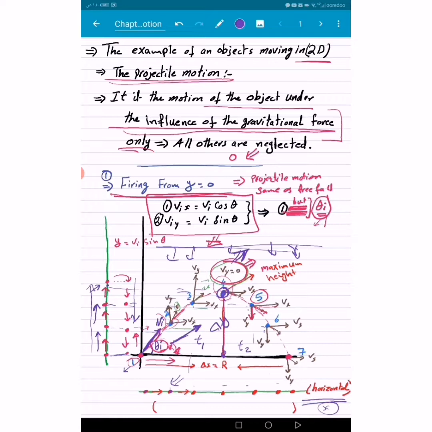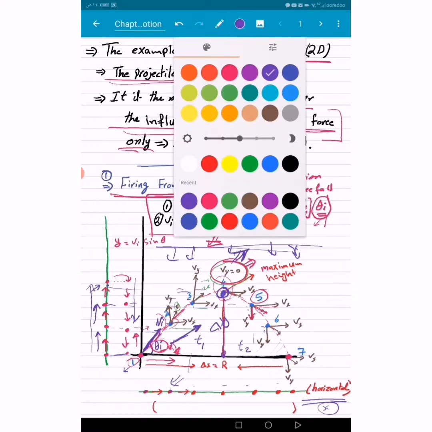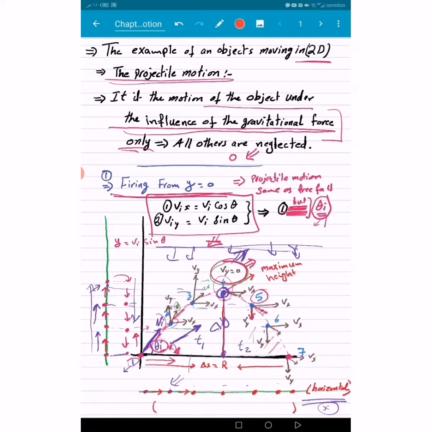If you check this shape, this part is identical or symmetric to this part. So the time of the object's flight to the maximum point is the same as from the maximum point to reach the ground. So what is the total time? T total is equal to 2t. What does 2t mean? It means t1 plus t2.